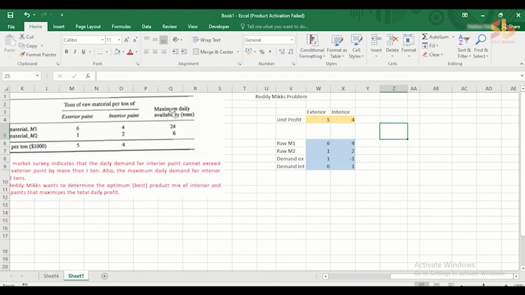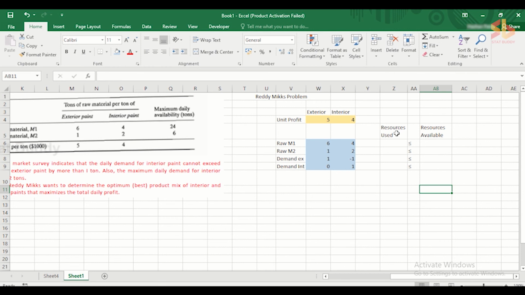Now I have to enter the right hand side values of these. This means resource availability, and in the calculation I need to give these constraints to Solver. So I need a resource used column as well, and these four cells are used to indicate the direction of constraints. Let's fill those fields.